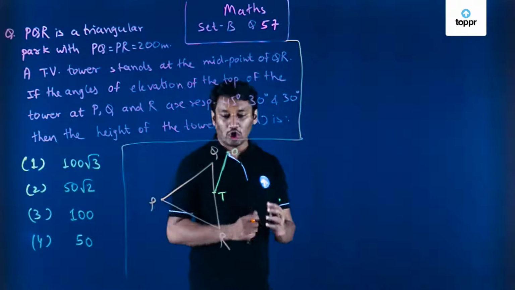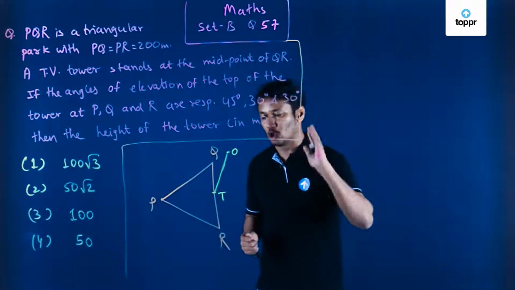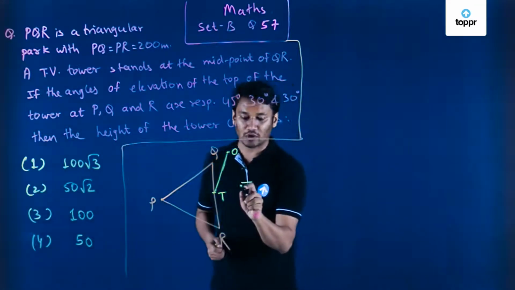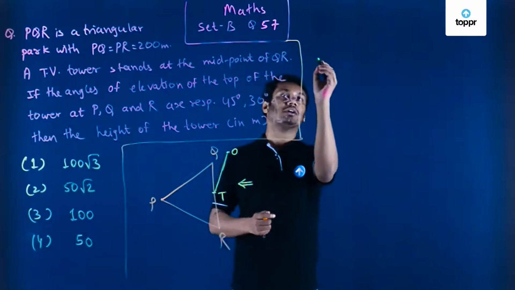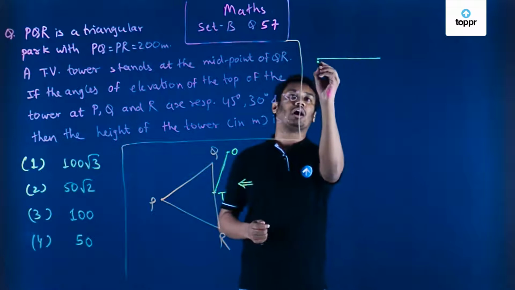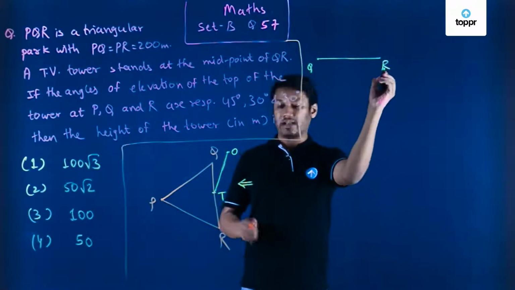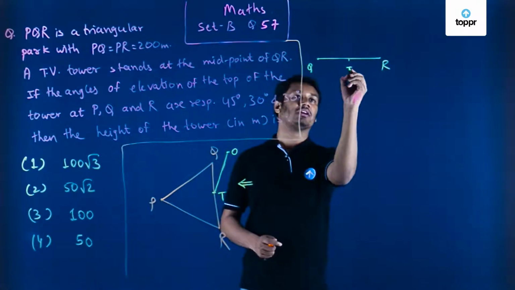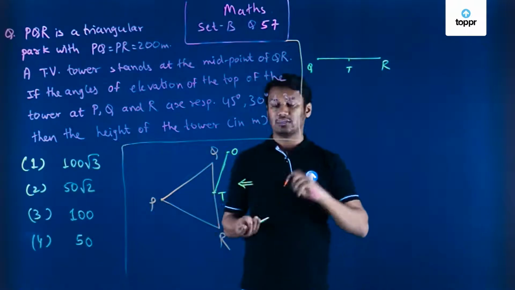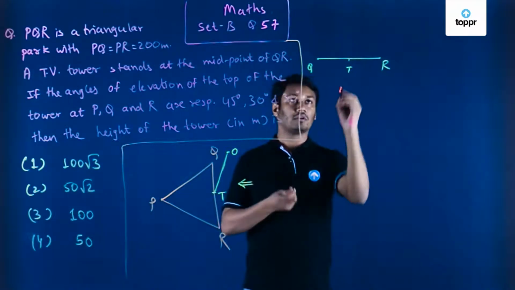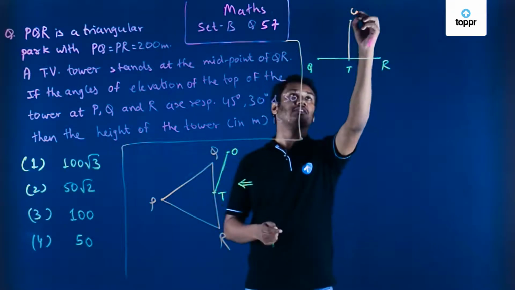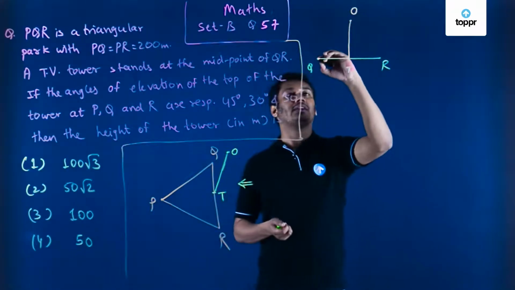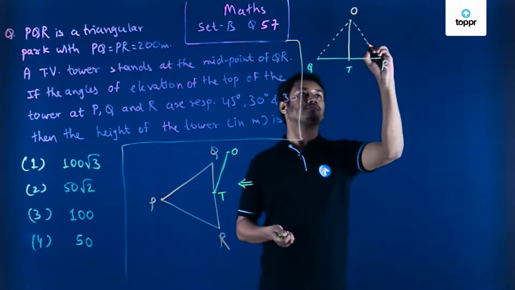So if I draw a view of this whole structure looking from this side, looking from the side QR, then what am I going to see? I will see QR and the midpoint of QR is T, and I will see a TV tower standing at point T. And this top of the tower is nothing but O. So let me connect these 2 points.